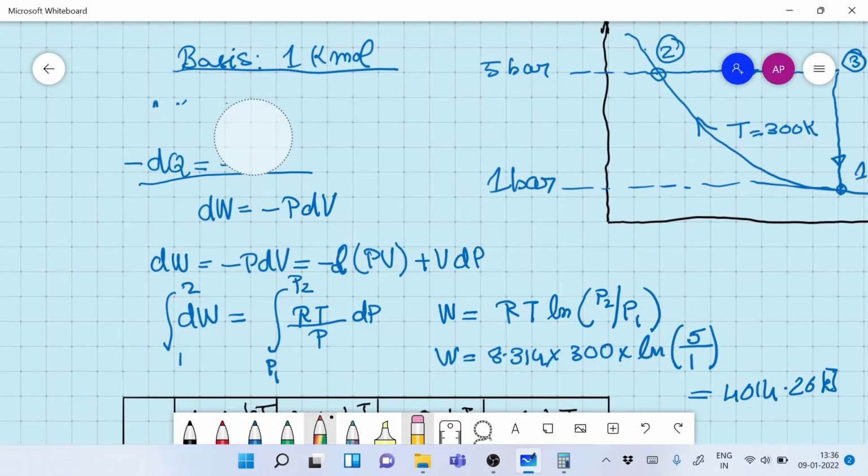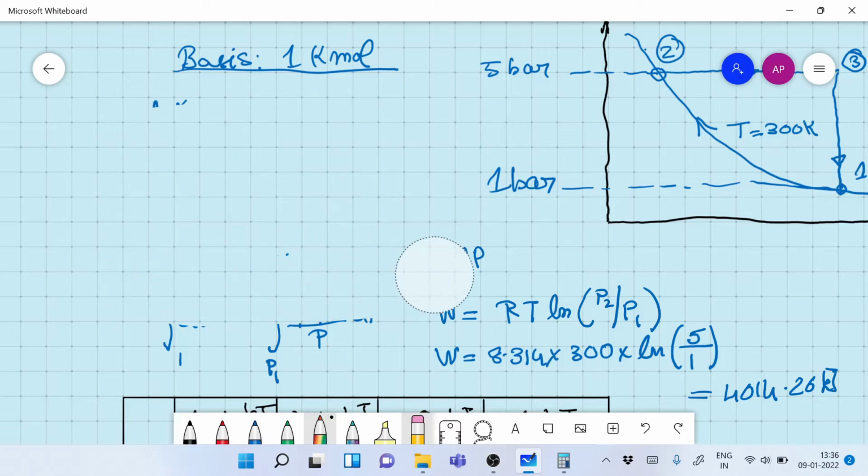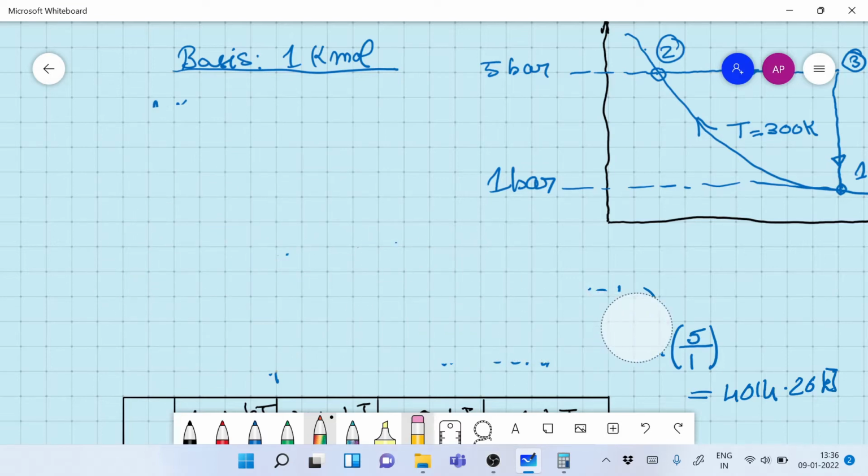Now let's concentrate on solving it for the second process, that is 2 to 3. Now we do not know how to calculate the internal energy and the enthalpy. We do not know what is the temperature at 3. But what do we know? We know the pressure, but the pressure is the same. So that's of not much consequence to us. We need to find out what is the temperature at 3.